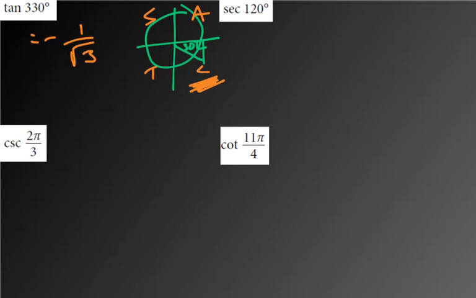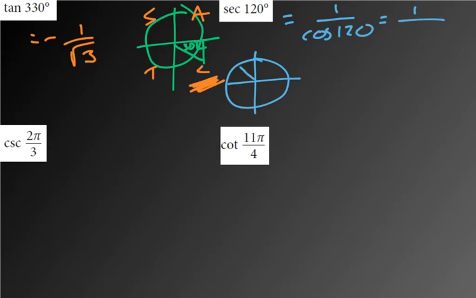Let's move on to secant. So the way I would do this, I would think about it as 1 over cosine. Remember the first few letters need to alternate. So it's 1 over cosine of 120. And I would just solve cosine 120, and then take the reciprocal in my answer, okay? So here, 120 is right there, and that would give me a 60-degree reference angle.